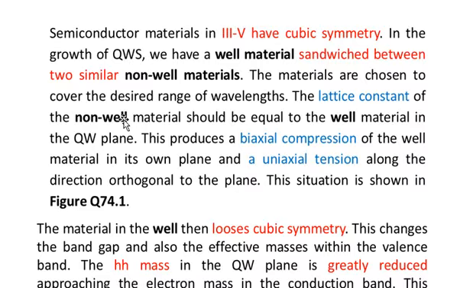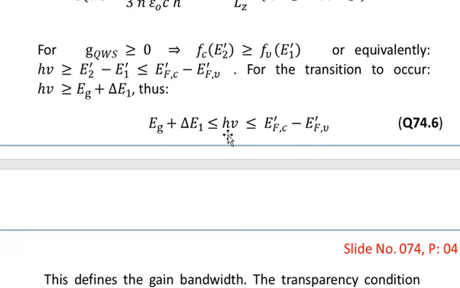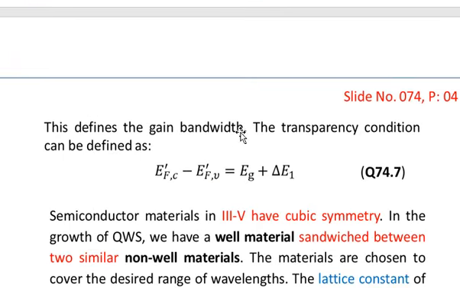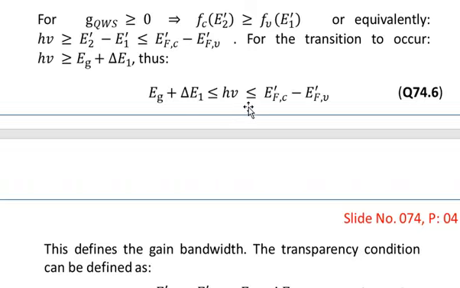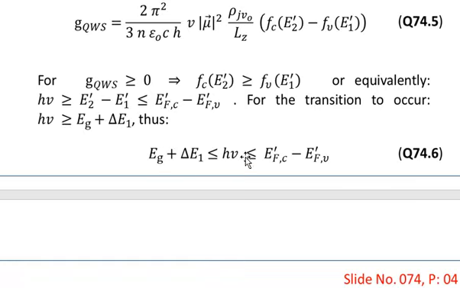The materials are chosen to cover the desired range of wavelengths or frequencies provided by this relationship. If you want to set the gain bandwidth, or the range of wavelengths to pass through the material, that is, you want to design your material for that, then you need to choose materials such that you can set the bandwidth of the material according to this expression.